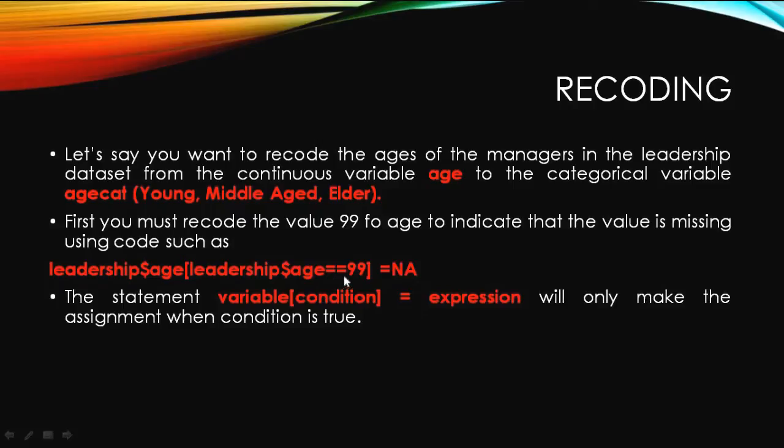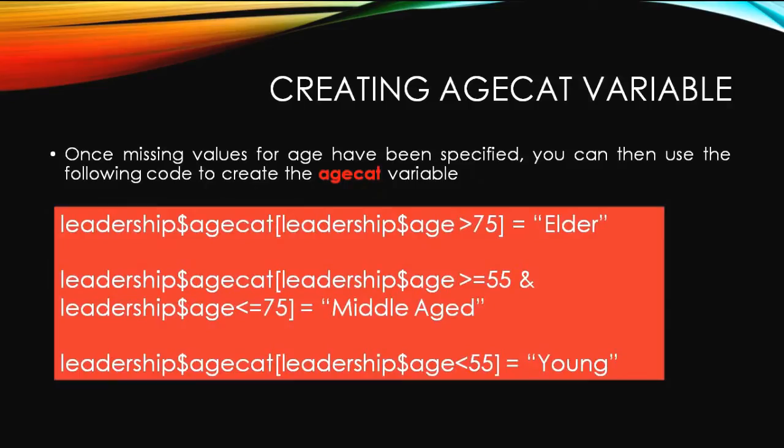It has to be exactly equal to 99 and it has to be assigned NA. Likewise, the generic coding format is the variable in square brackets, the condition, equals the expression. This is the assignment of the condition, and the assignment happens only when the condition is true.